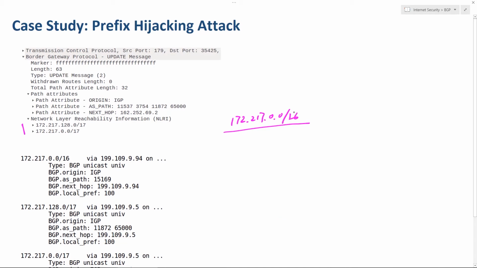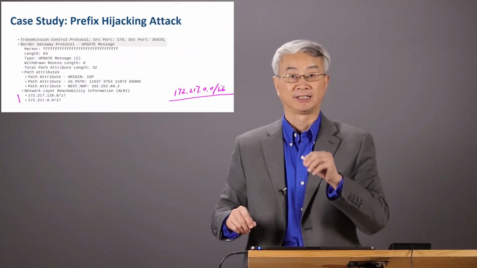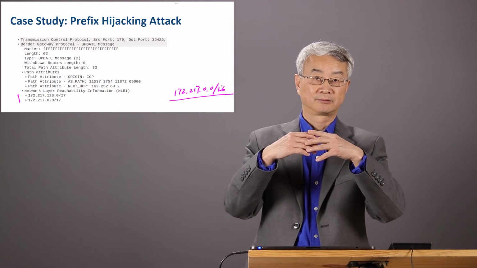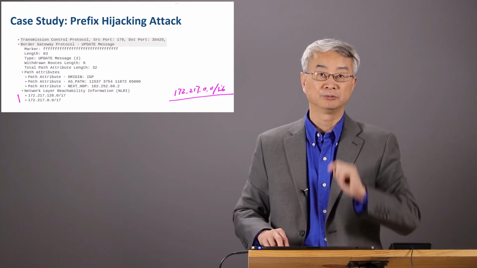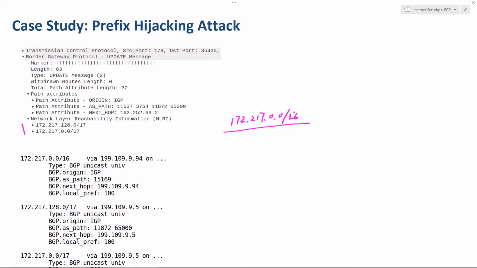So if in the real world somebody wants to black hole the Google server, all they need to do is to announce a more specific prefix. Just like in this case, I'm announcing /17 from this autonomous system, and this is a made-up autonomous system.